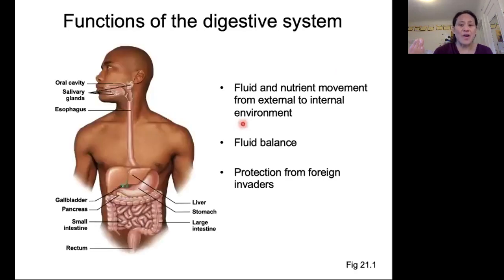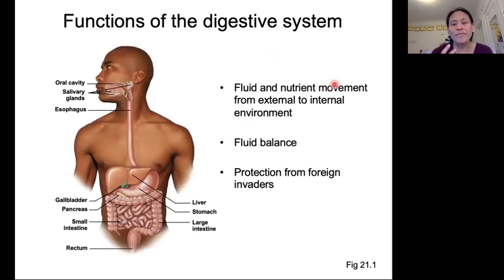Okay, so I'm just going to start off by saying a little bit about the main functions of the digestive system. First of all, far and away, the most important function of the digestive system is to bring in fluid and nutrients from the external environment to the internal environment, right?